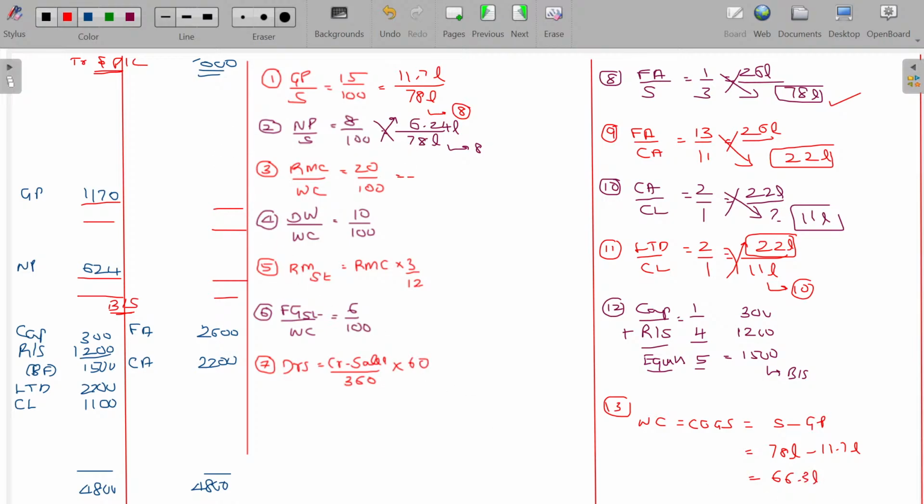Now I feed that here, 66.3 lakhs, similarly here 66.3 lakhs.